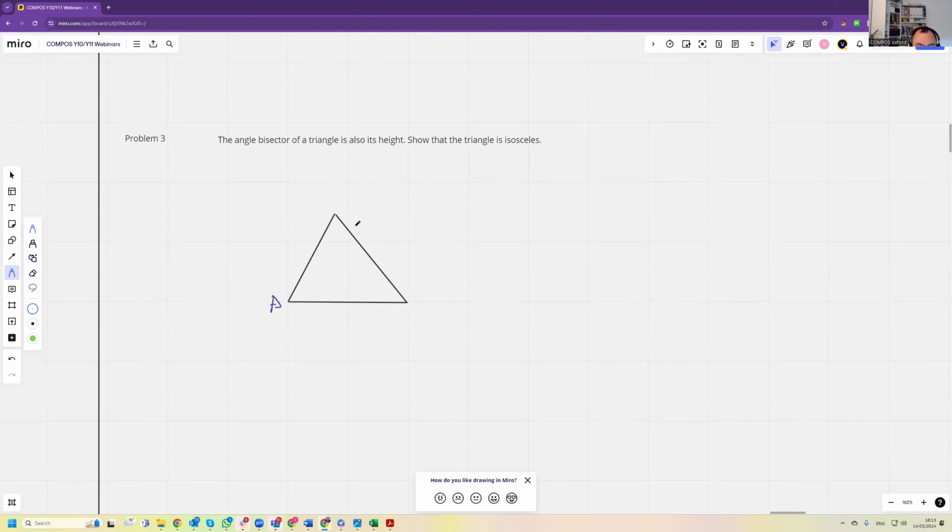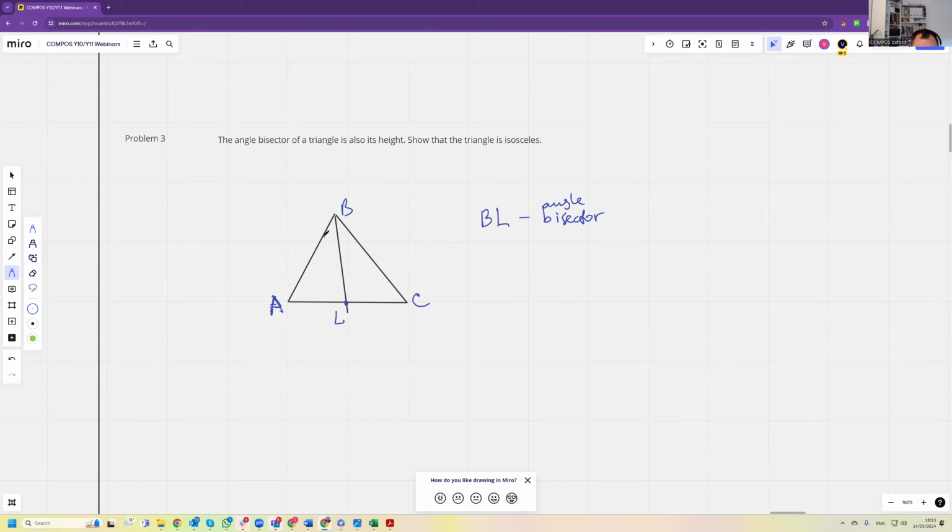All right, so we have triangle ABC. And suppose that BL is the bisector, is the angle bisector. BL is angle bisector. Okay. So if we draw BL, the angle bisector.